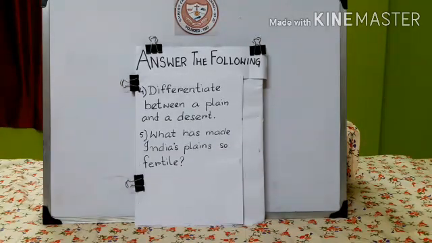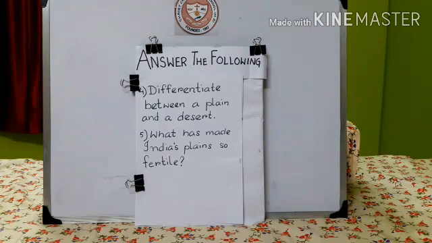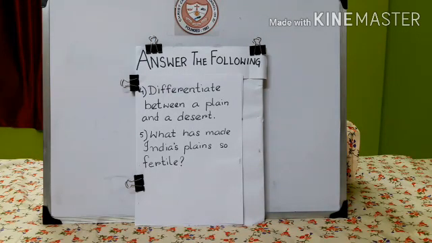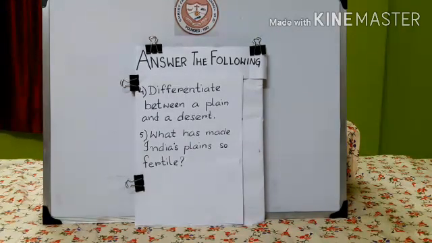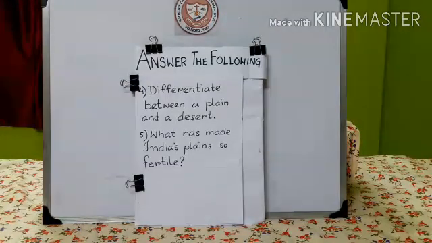Differentiate between a plain and a desert. You will write, a plain is a fairly wide stretch of level land and it has land which is good for farming. Next you will write, the plains of northern India are rich and fertile as there is good heavy rainfall throughout the year, which makes the land fertile and good for growing crops.